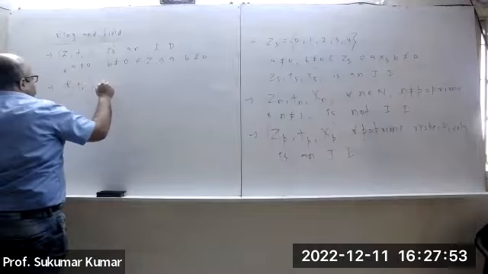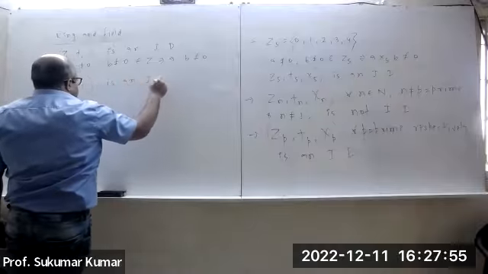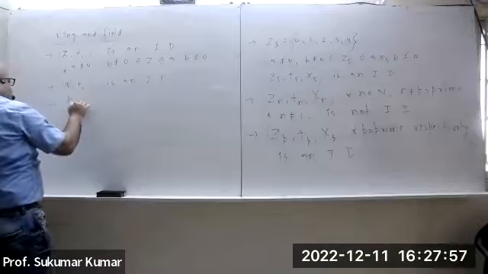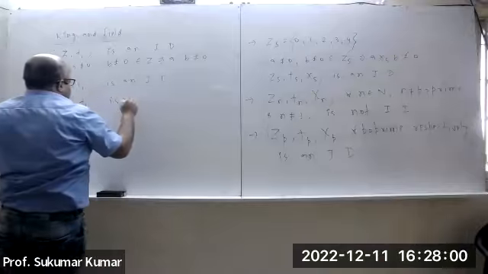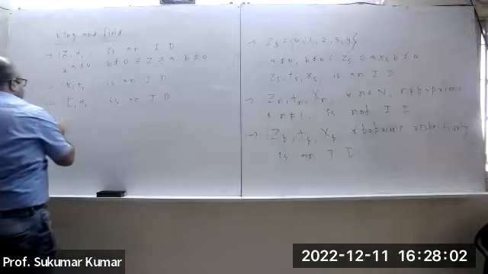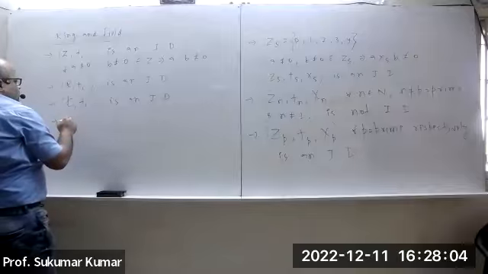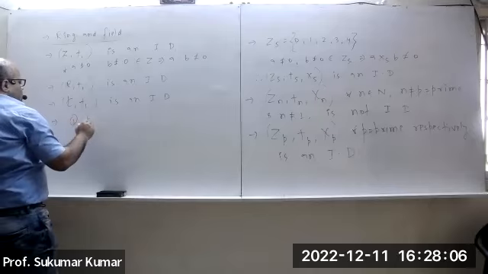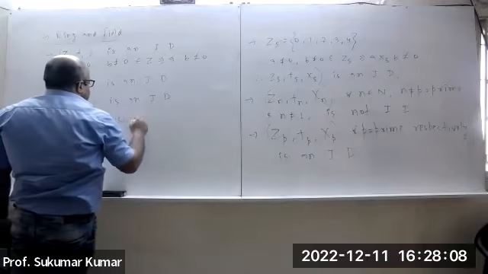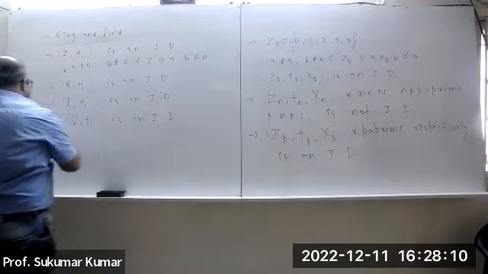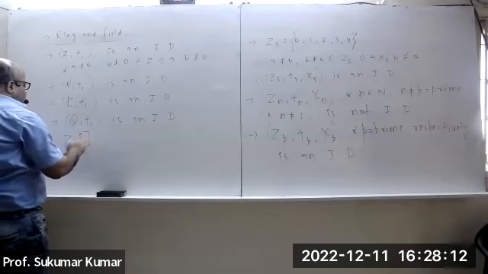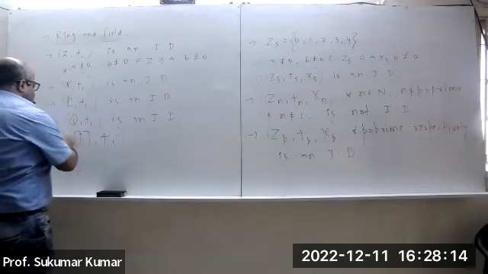The set of real numbers is an integral domain. Complex numbers are an integral domain. After that, rational numbers are an integral domain. Z box I, we saw, the Gaussian ring of integers. This also must be an integral domain.